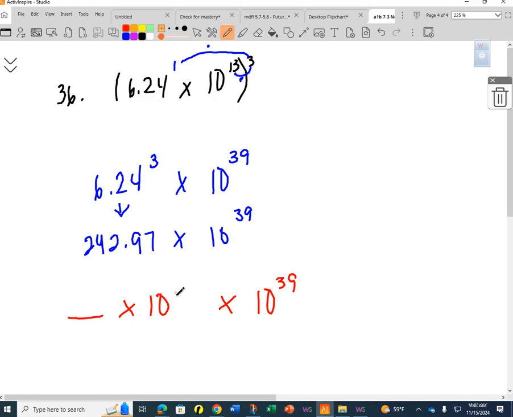Now I start at the decimal point. If I go left, I'm going to make this a smaller number, which is what I need to do, because it needs to be between 1 and 10. So 1, 2. If I move it 2 places, now I have 2.4297. That is in between 1 and 10. So 2.4297, and I moved it 2 times, so that's my exponent on my base 10.